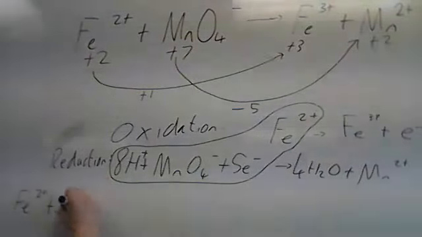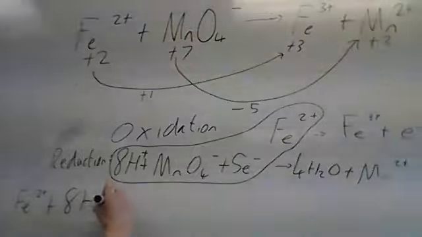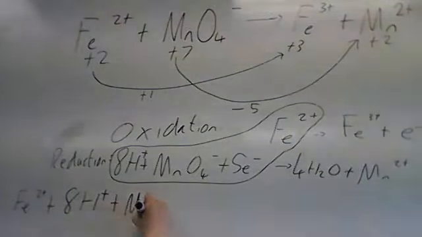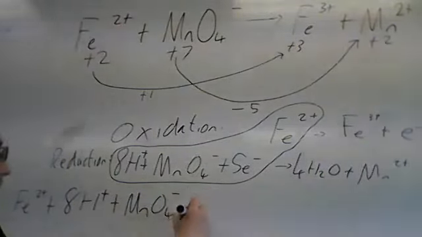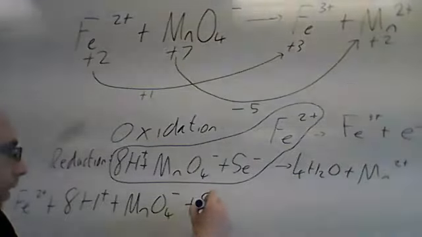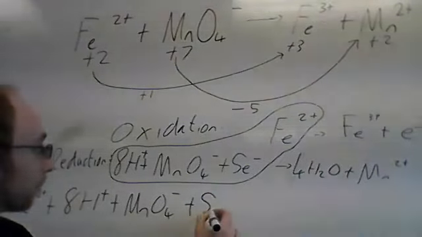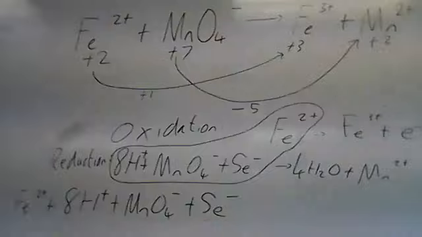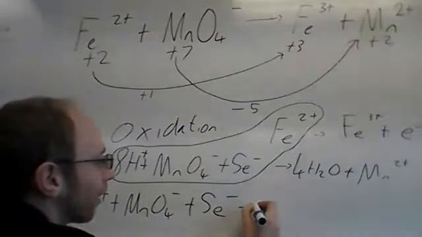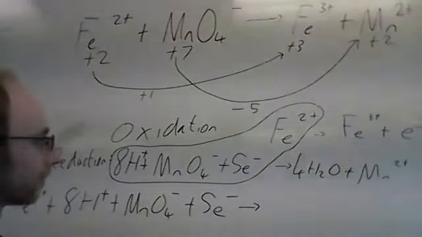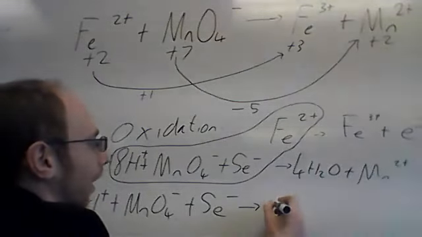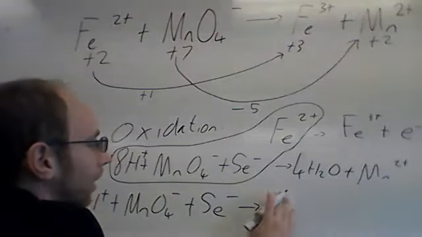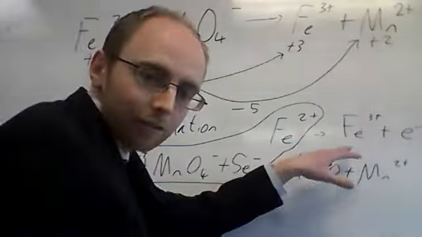I've got 8 H pluses. Well, we'll see the problem we're about to have in a minute. I've got my order the wrong way around. 5 electrons. And now, again, I'll take everything from this side.